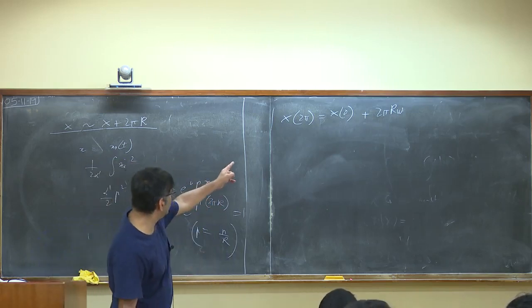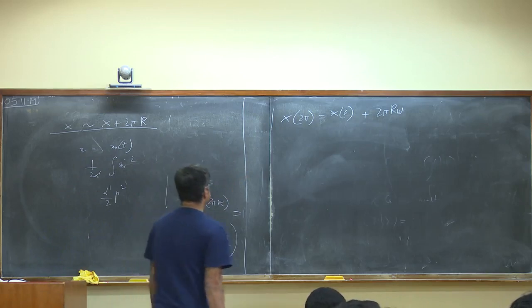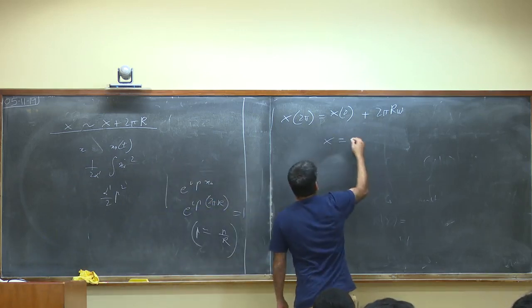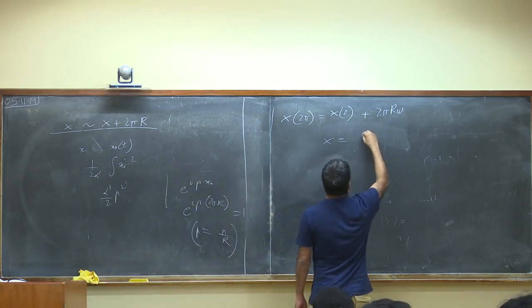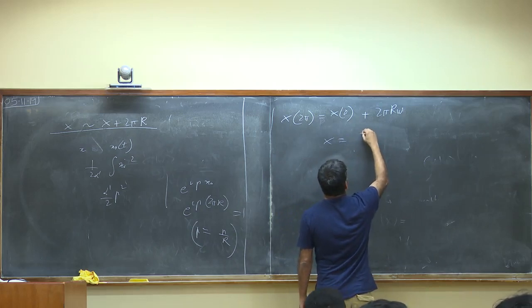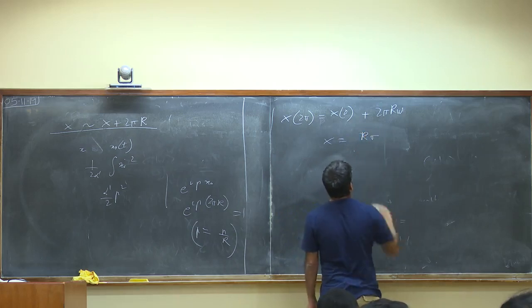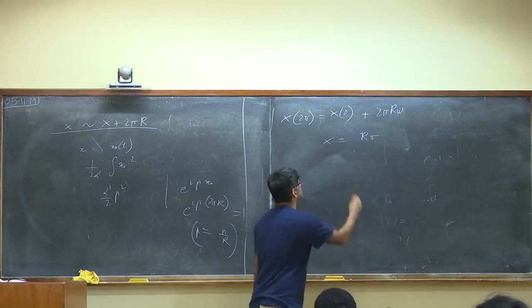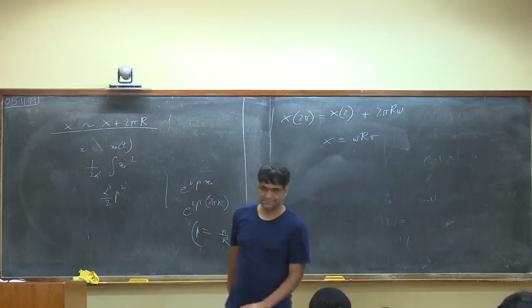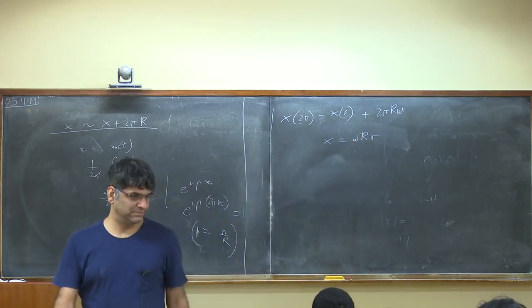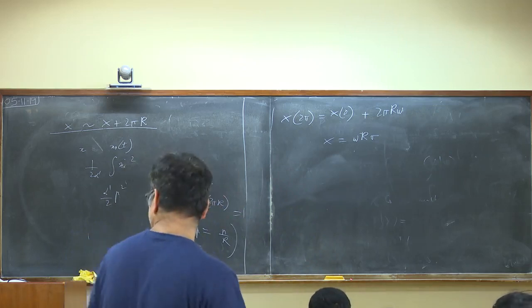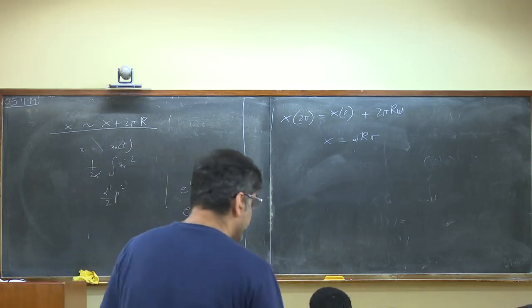And we want to satisfy that x of 0 is x. So now it's something very simple. Take x is equal to r times sigma times w. This is a configuration that solves the equations of motion.